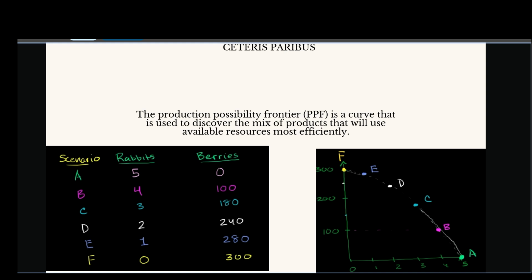Our example was a hunter-gatherer who hunts rabbits and gathers berries, and we wanted to see, if he works to the best of his ability, what is the ratio of rabbits to berries he can hunt and gather at the same time.